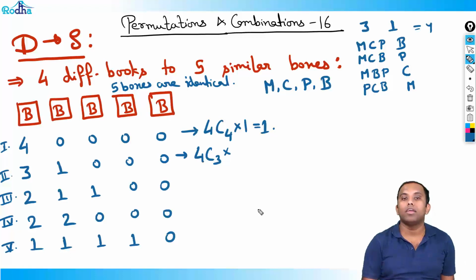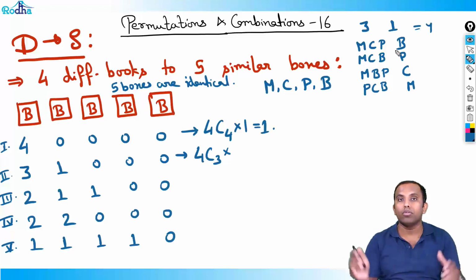So already the groups are formed now, 3 and 1. When you pick 3, automatically 1 is left, so there's no other way of forming any group. Out of 4 books, you select 3, automatically 1 is left.